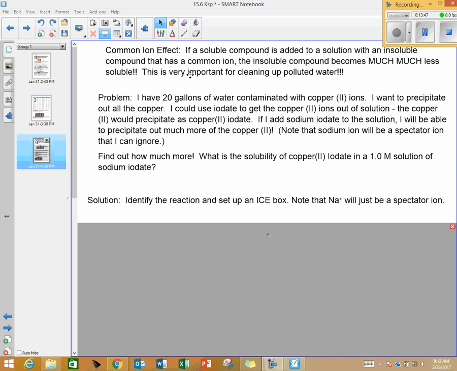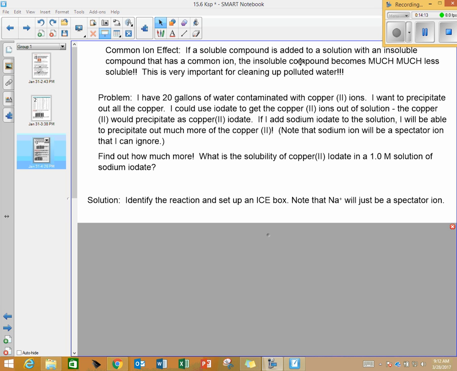Okay, so there were the 2 classes of problems I explained. Given KSP, find the molar solubility. Given the molar solubility, find KSP. Another class of problems is called the common ion effect. So we add a soluble compound to a solution with an insoluble compound that has a common ion.